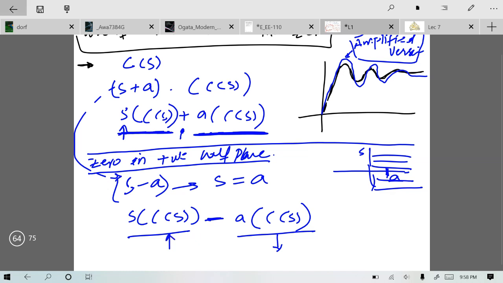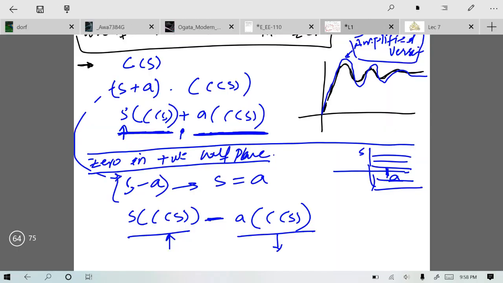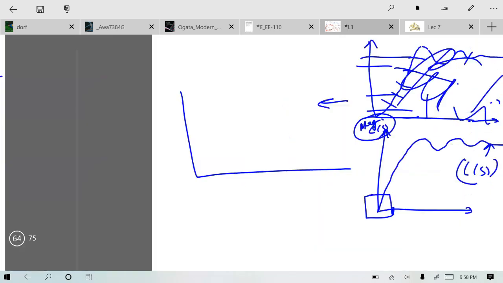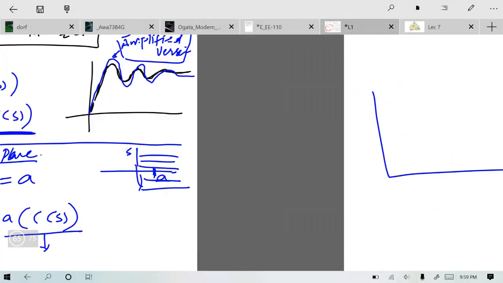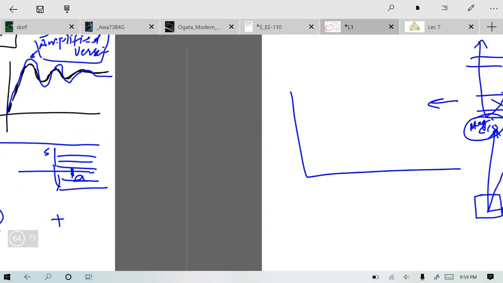So you can say that initially it will follow the term with the slope. This is a positive term, this is a negative term. So slope is greater, this is smaller, so the overall result is positive.